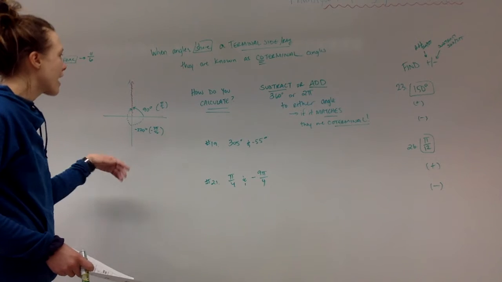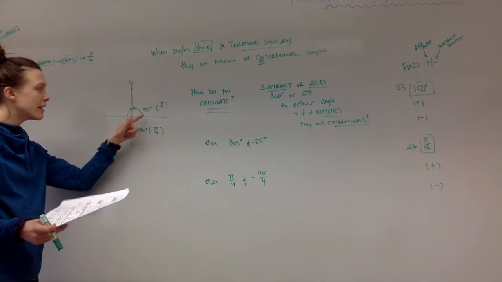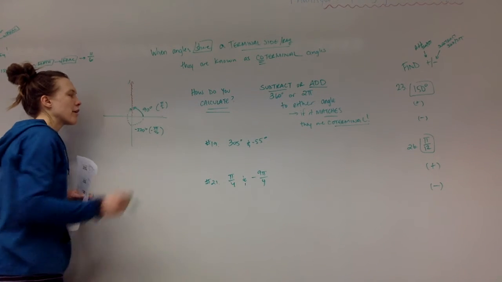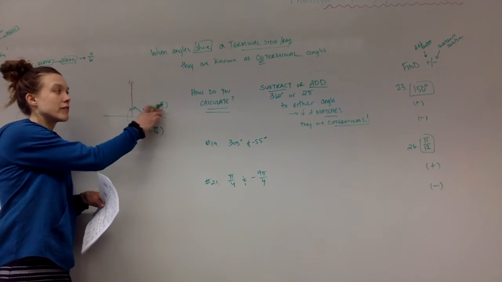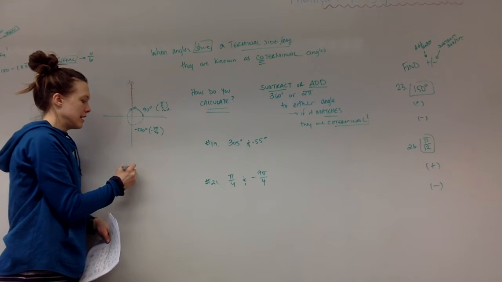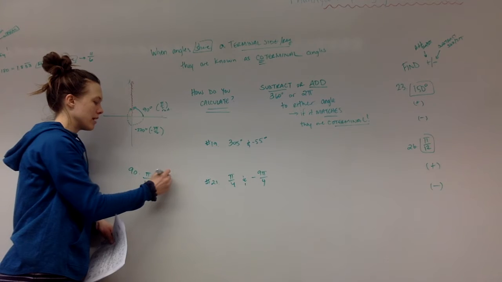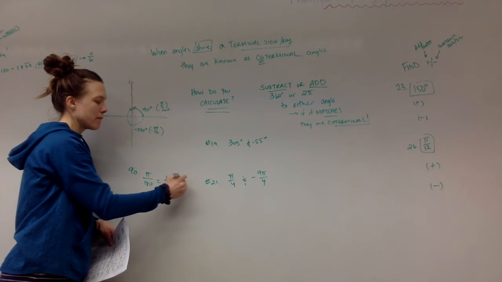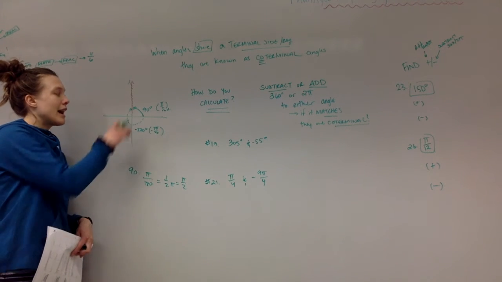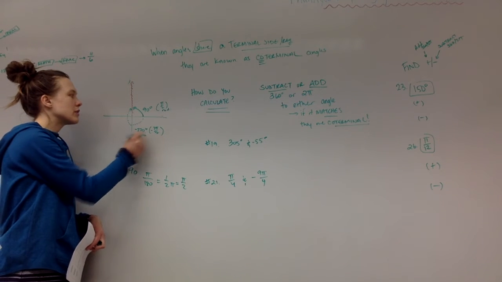So they're coterminal angles. In this example, on the left here, 90 degrees is drawn counterclockwise, which in radians is pi over 2, because 90 times pi over 180 gives me 1/2 pi, or pi over 2 radians. 90 degrees shares a terminal side with negative 270 degrees.